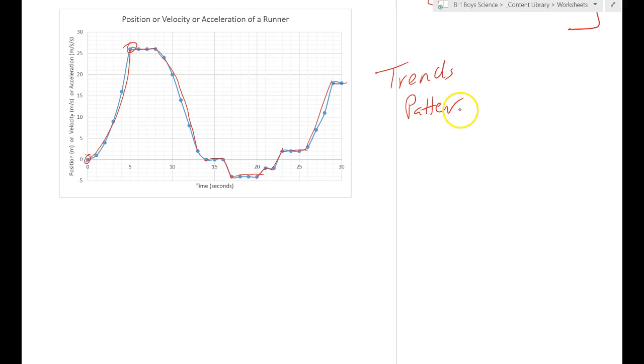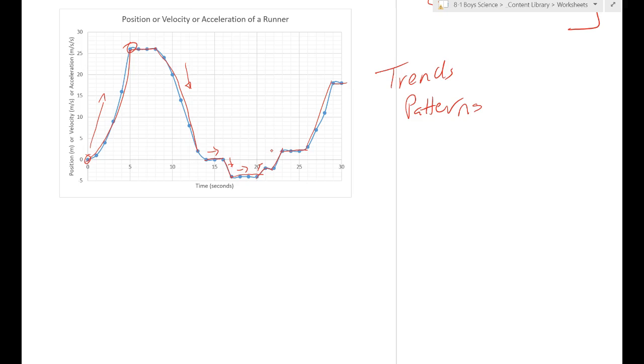But if you're looking for the trends and the patterns, just like we have been the whole time, you're looking for a flat line, quote unquote flat, right? This is about as flat as you're going to get. If you're looking for a flat line, or a line that goes up, or a line that goes down, or a line that is flat, or down, or flat, or up, right?